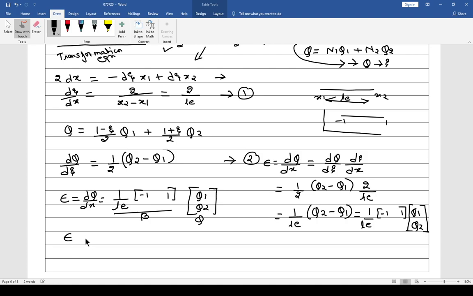So I can write epsilon equal to B into Q, where B is called the element strain displacement matrix.